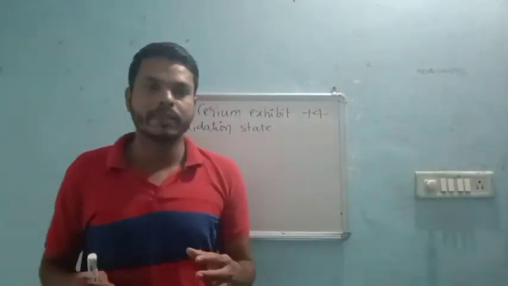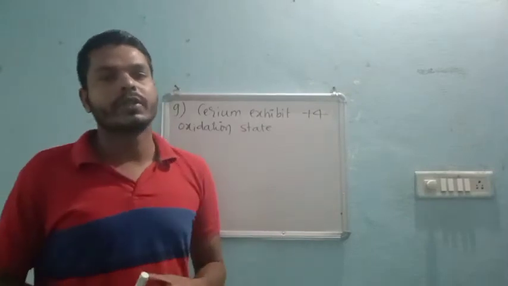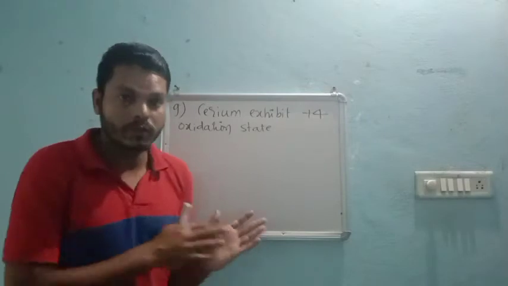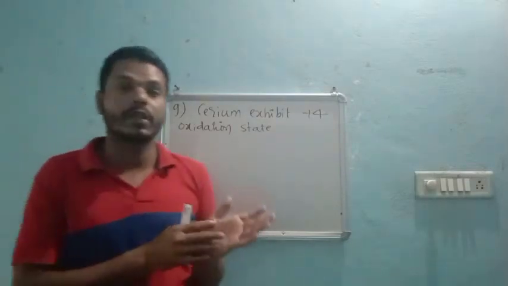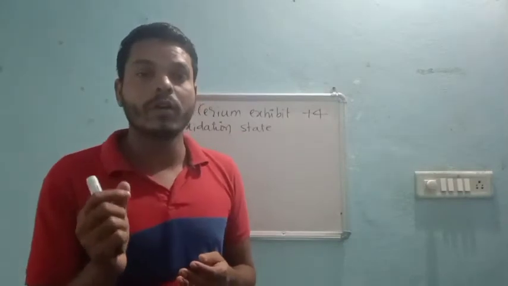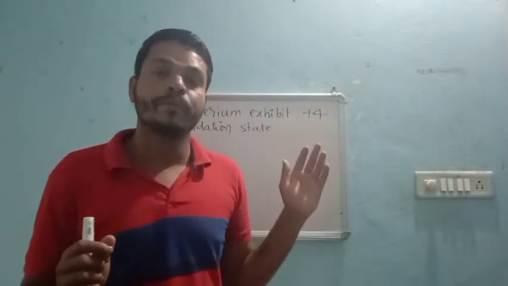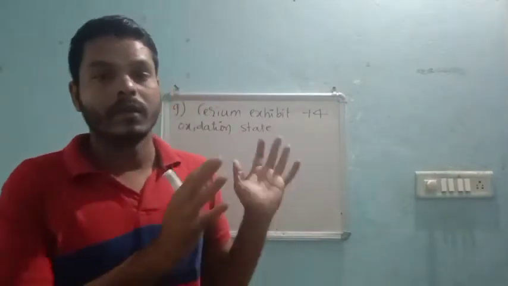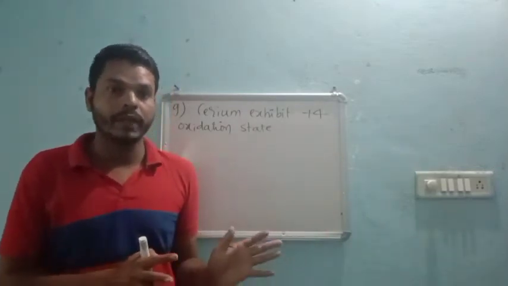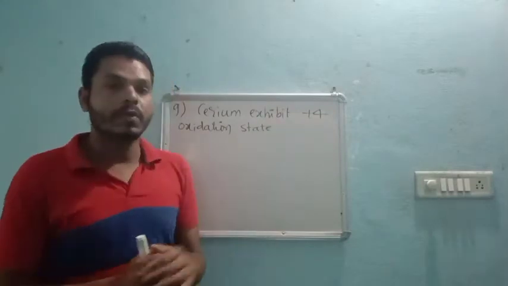See what I said: oxidation state always depends on stability. Why do they show the oxidation states +4, +3, +2? Because they want to attain a stable electronic configuration, right? To get a stable configuration, they always show +4, +3.